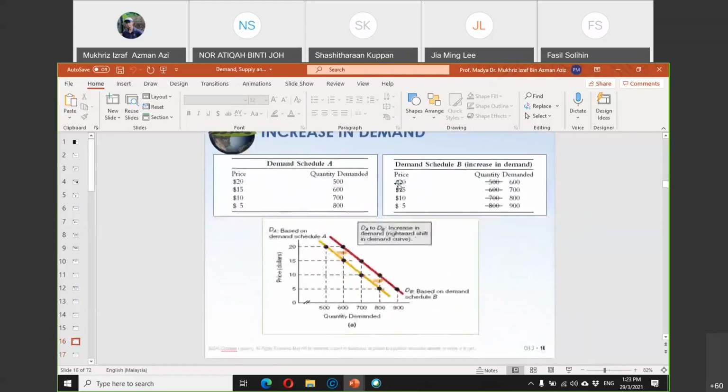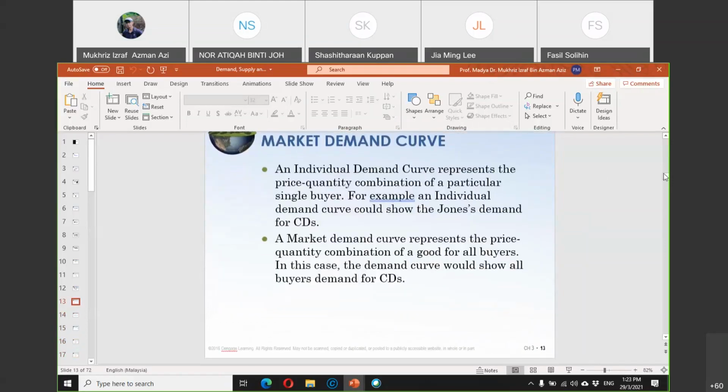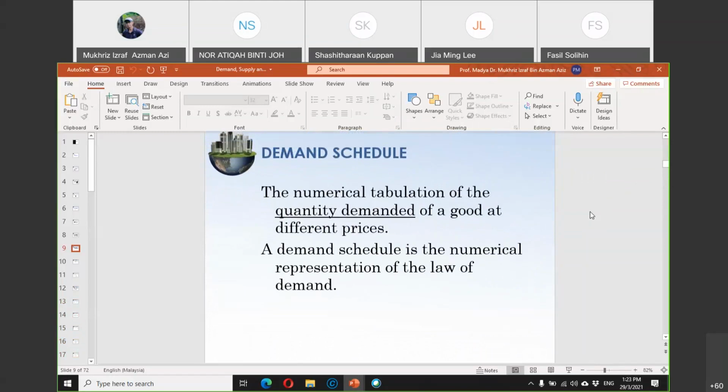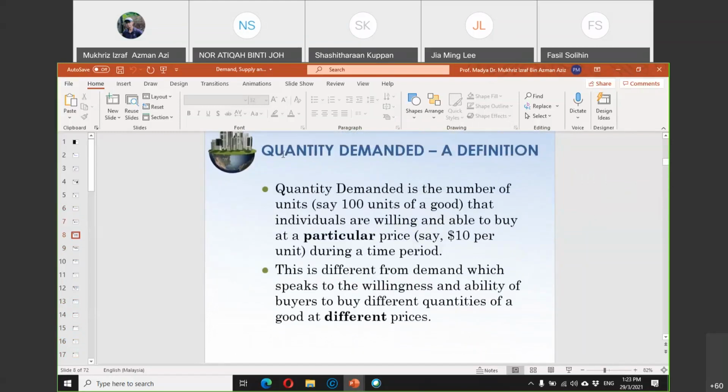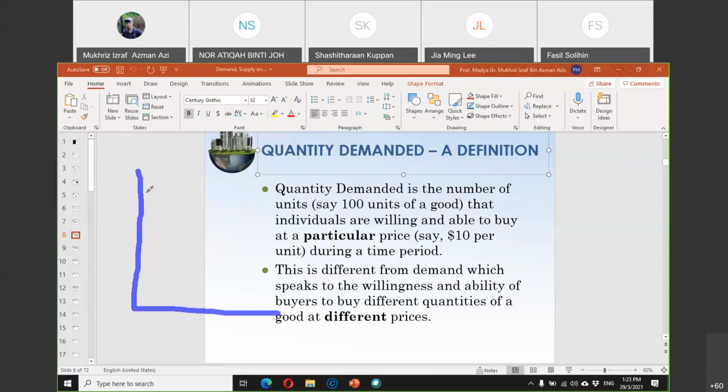But if you're referring to quantity demanded, the word demanded, not demand, refers to a movement along the curve. So if you plot your demand curve, by now I'm sure you should know what a demand curve is. It's downward sloping, bercerun kiri ke kanan.